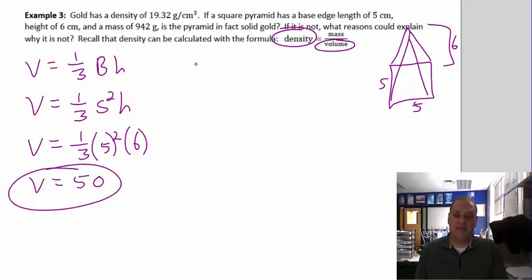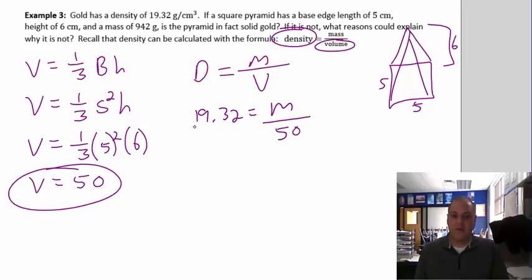Now I'm going to check my density. Density equals mass over volume. All right, density is 19.32. I'm finding the mass, and my volume is 50. So I cross multiply that out, and it comes out to be, oh, no, I'm sorry, that's wrong.